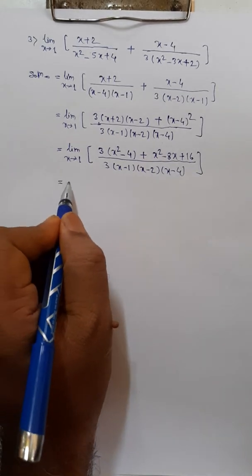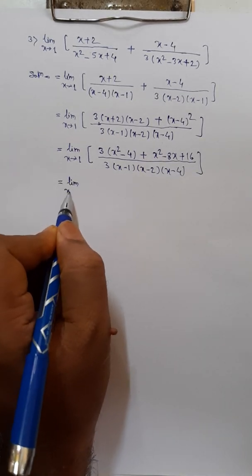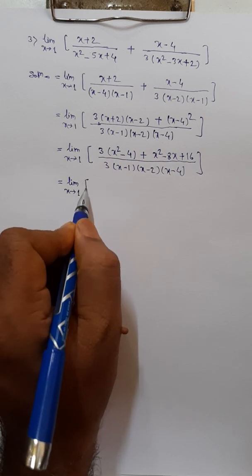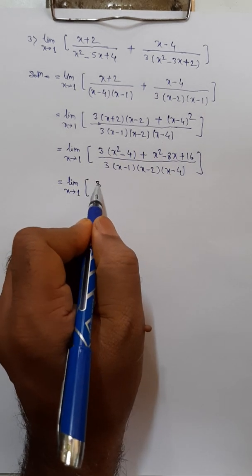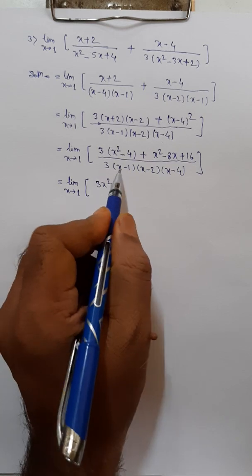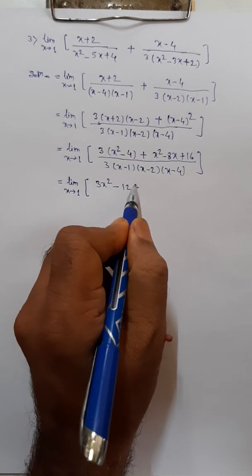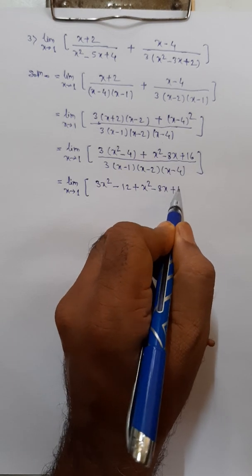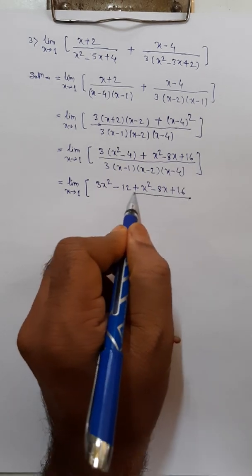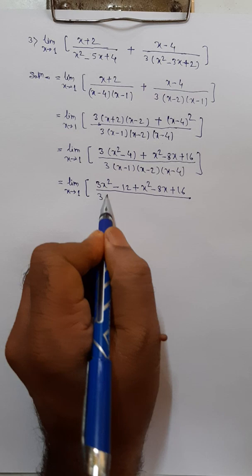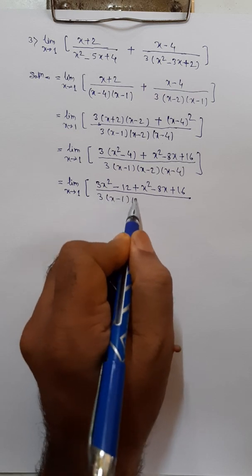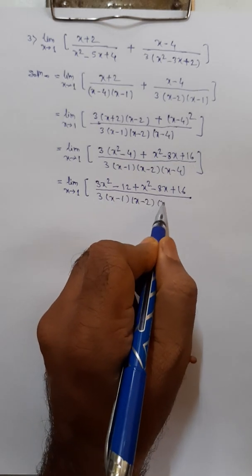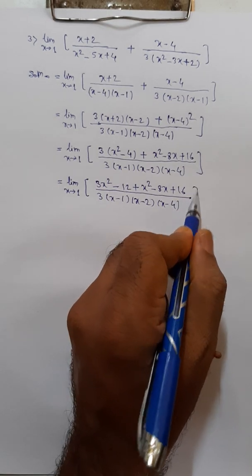So it is equal to limit as x tends to 1, multiply by 3, so 3x square minus 3 into 4, 12, plus x square minus 8x plus 16 divided by the denominator same, 3 into x minus 1, x minus 2, x minus 4.